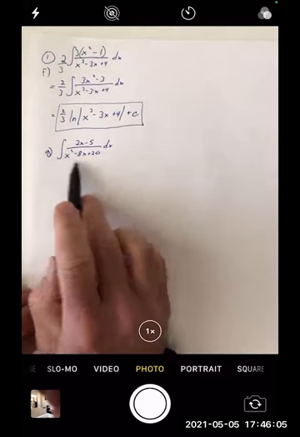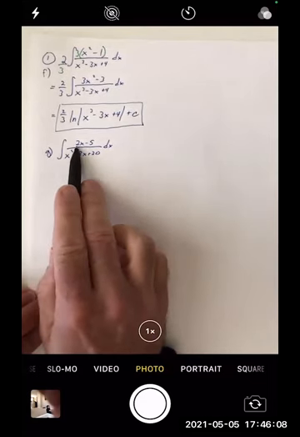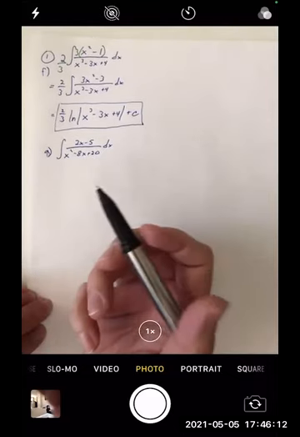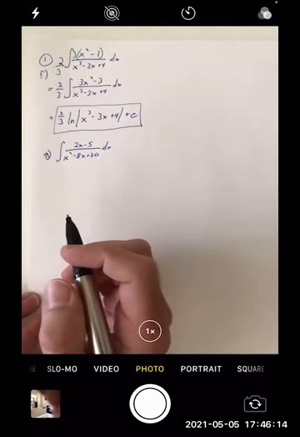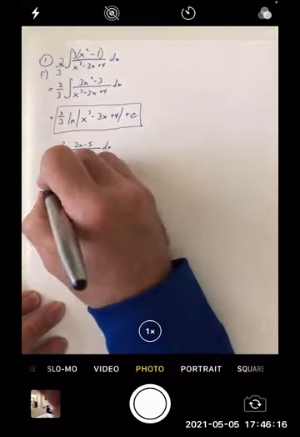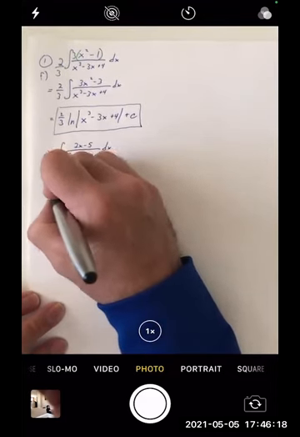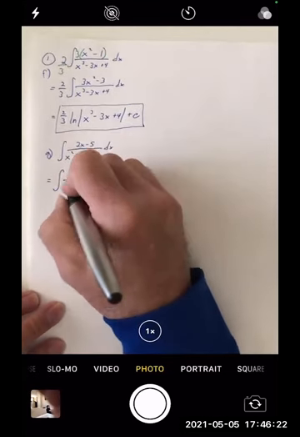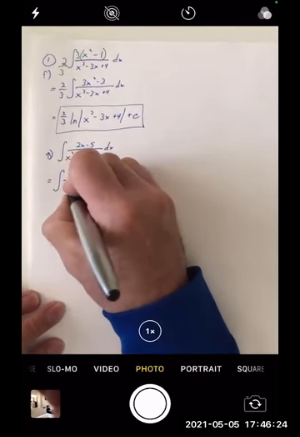So the derivative of that denominator is 2x, but instead of a minus 5, you really want a what? Minus 8. You need a minus 8. So we're going to force it to be a minus 8.